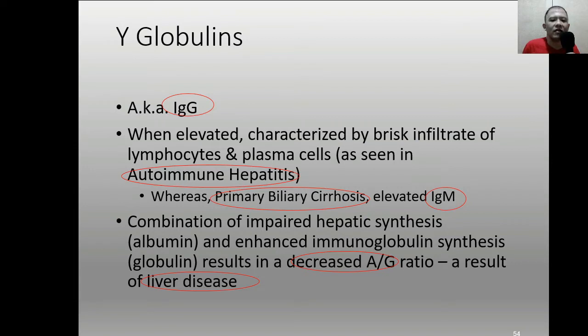So we have this albumin globulin ratio. When you have a decrease in albumin, that is indicative of liver disease, so decreased albumin leads to a decreased AG ratio.